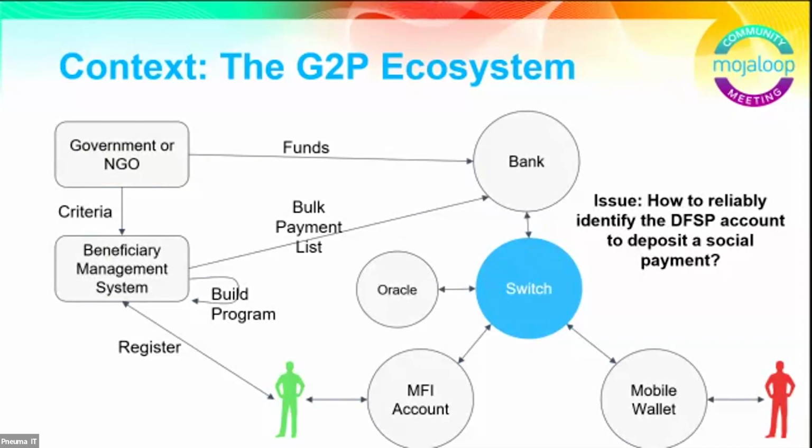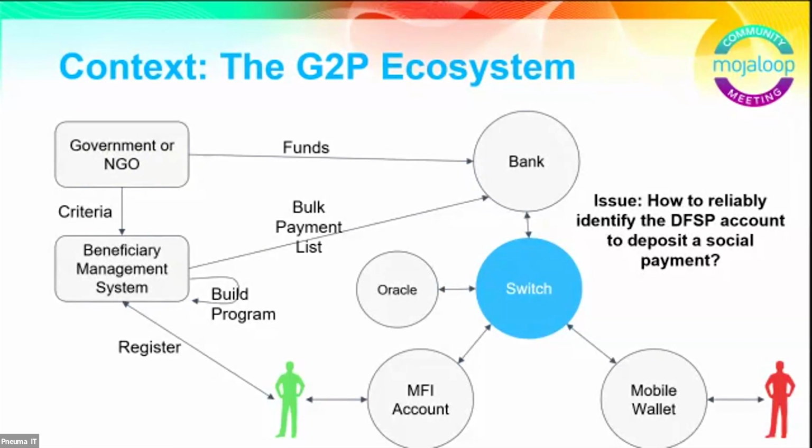And the first step in that is to define the criteria that the organization wants to make payments to. So people who meet this criteria will get $20, for example. And they generally use a beneficiary management system to do that, or historically Excel. But we're trying to move on from that, and we have OpenG2P, for example, which is a beneficiary management system.